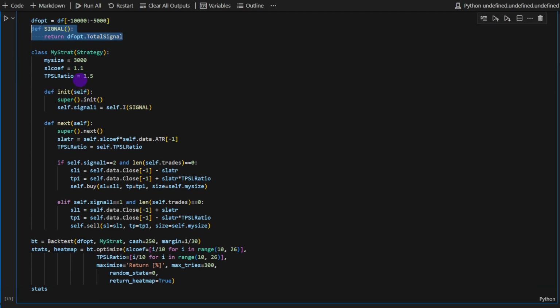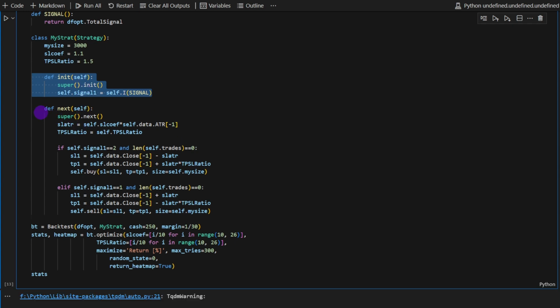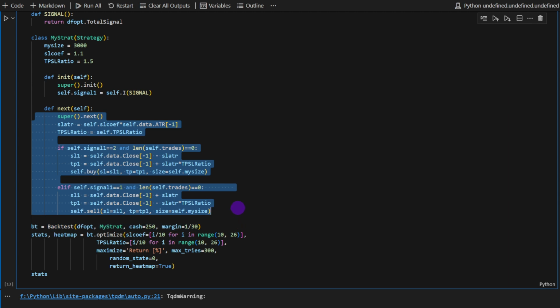And then we have MyStrategy that inherits from Strategy from the backtesting package. If it's the first time you're using this package, it's a good package to backtest strategies on historical data. I'm passing the signal in the constructor, so in the init function. Then we have the next function here, and this is where we pass our trades.